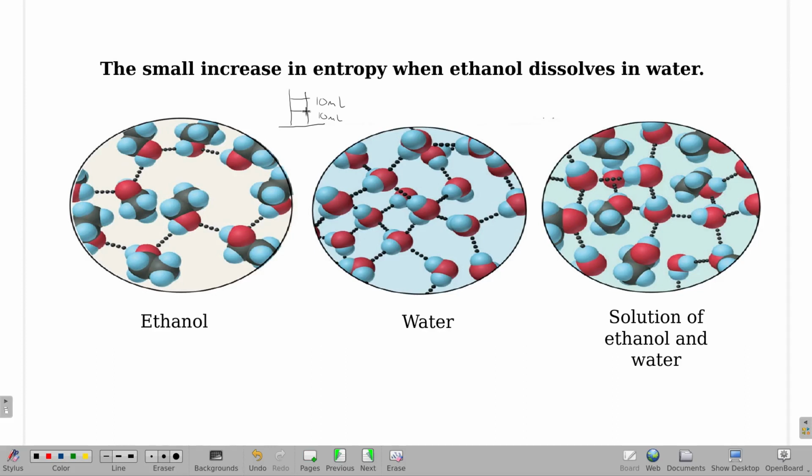So we're going to have an entirely larger volume for those individual molecules to move around in. So anytime solutions dissolve into each other or mix, you get an increase of entropy.